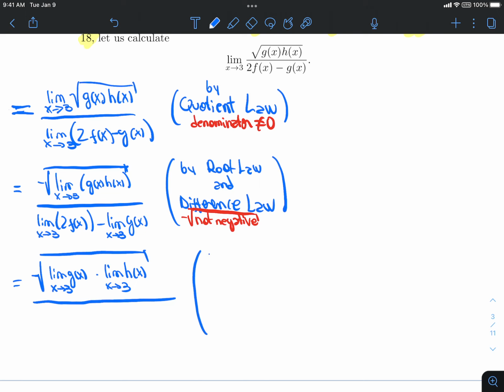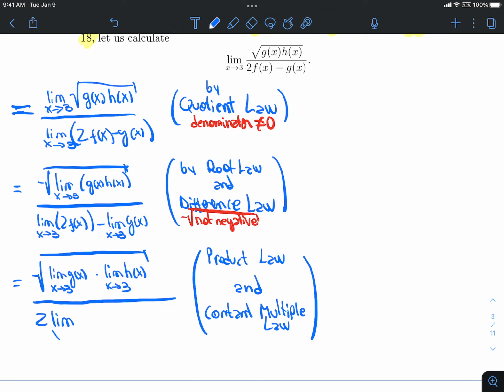So I've used the product law. And at the bottom, I will use the constant multiple, because the limit of 2f becomes 2 times the limit of f, right?